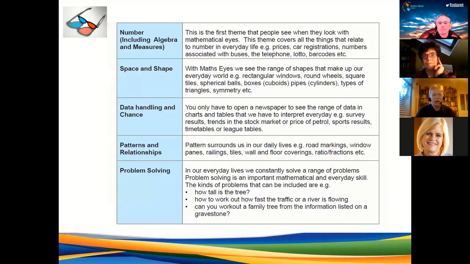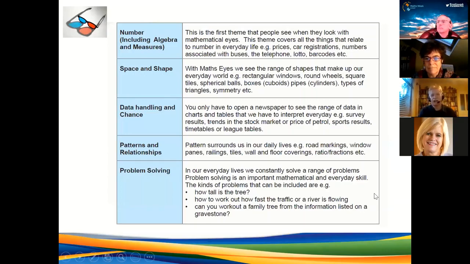So in terms of the lenses that we talk about in the Maths Eyes concept, there's number, which we consider has algebra and measures in there because it's very hard to disembody the number 3 from 3 buses or 3 whatever. So we tend to think of number in the context of it being applied. We'd like to think in shape and space, data handling and chance.